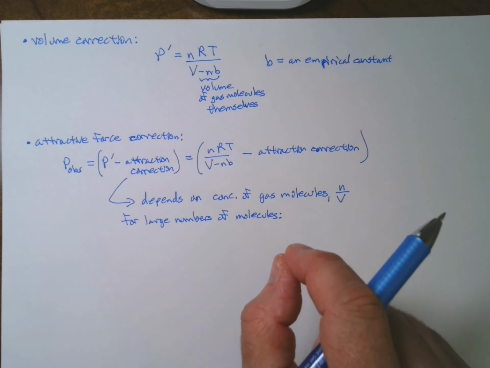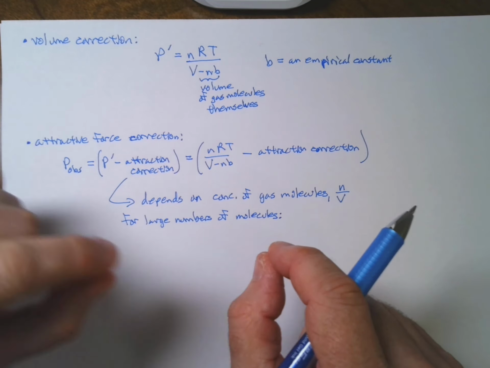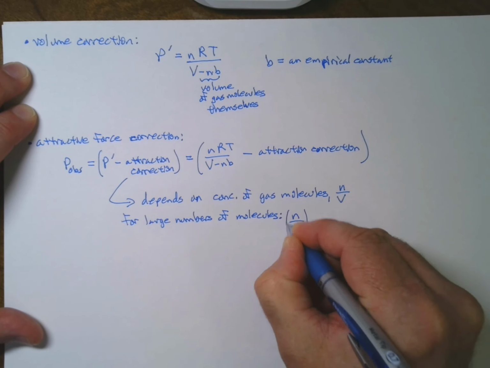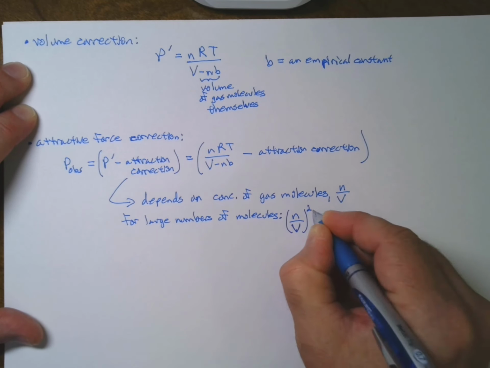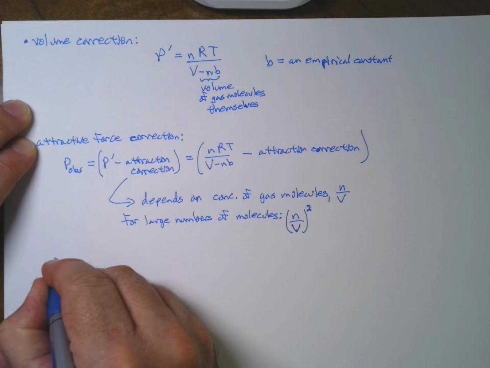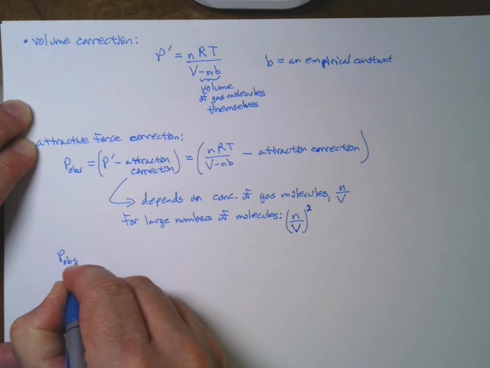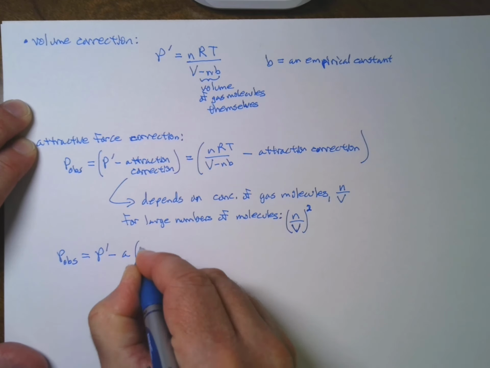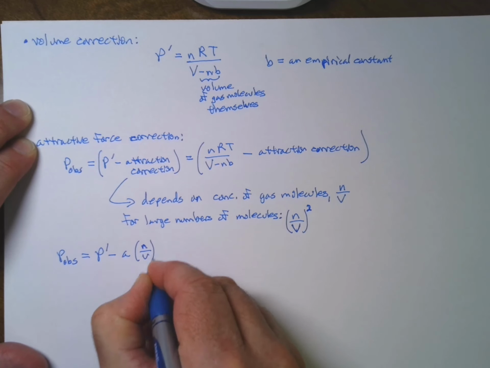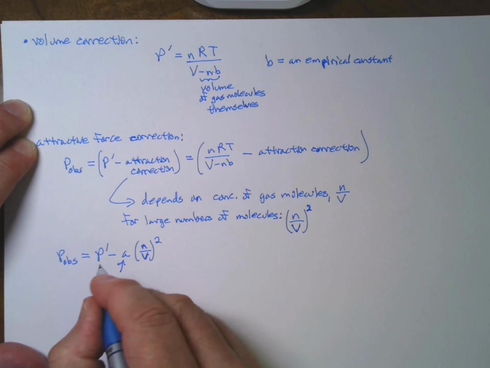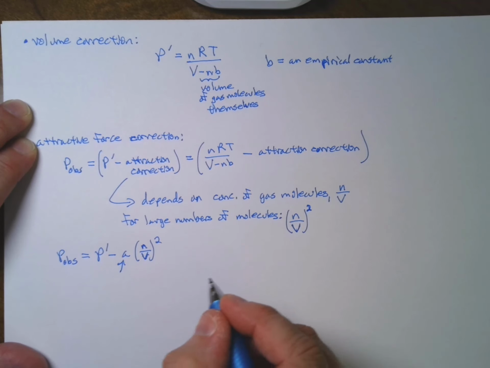Okay, it's not just due to the concentration of one, but the concentration of both. So we actually have a square relationship, n over V quantity squared. So we end up getting our observed pressure equals P prime minus a times n over V quantity squared, where a is some other empirical constant.